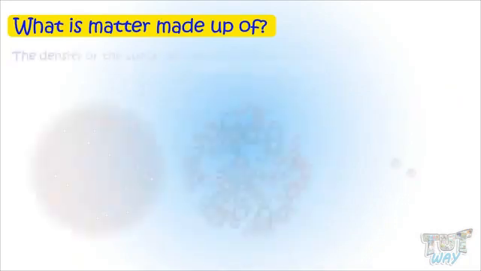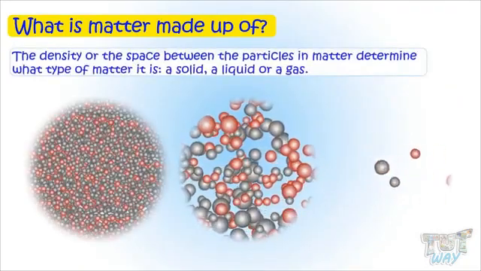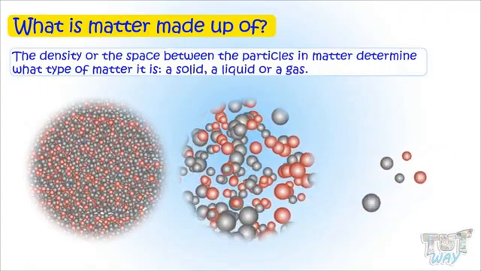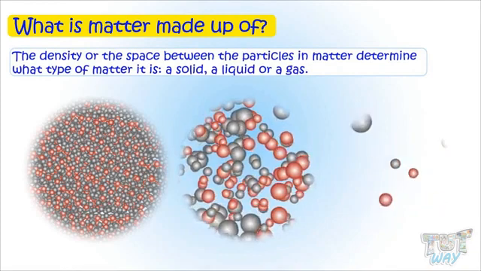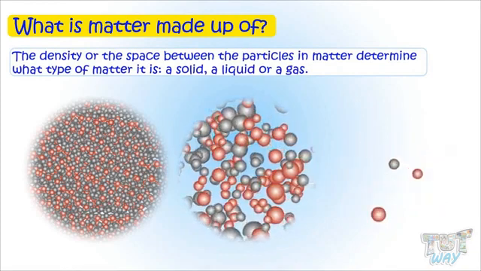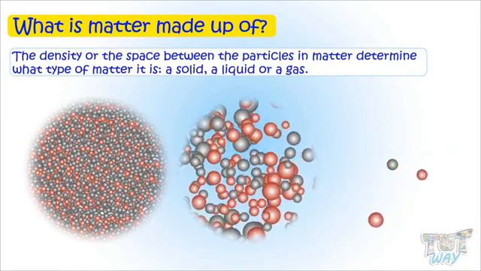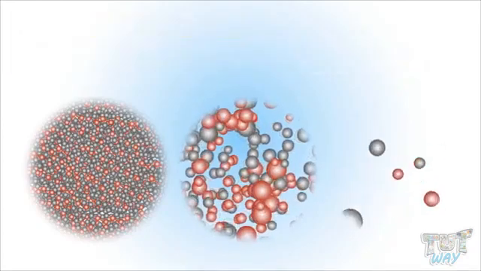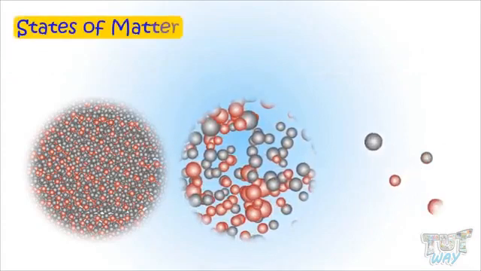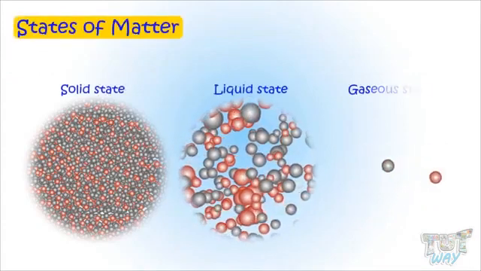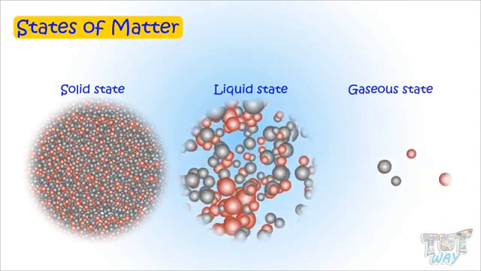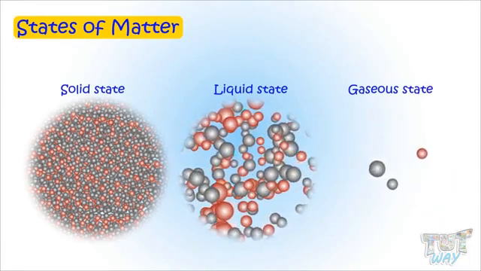The density and the space between particles of matter determine what type of matter it is: a solid, a liquid, or a gas. So, states of matter can be solid, liquid, or gaseous, depending on the density and the space between the particles of the matter.